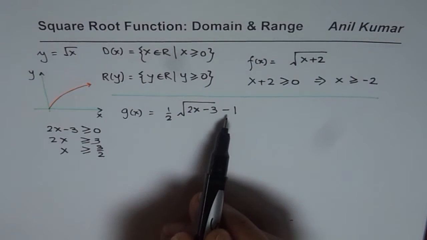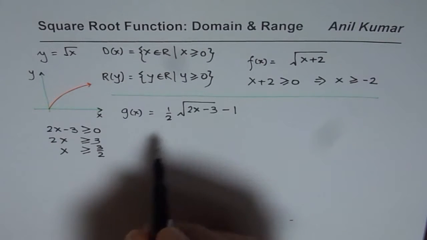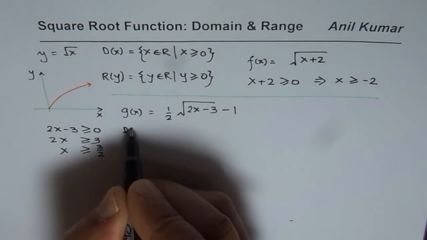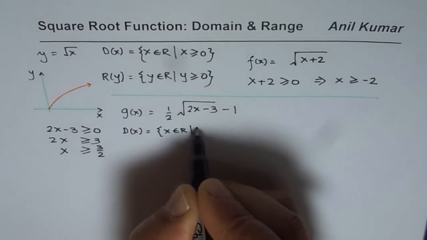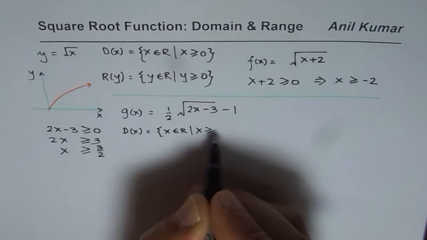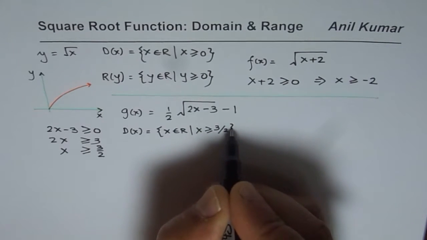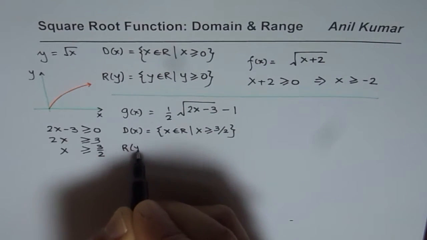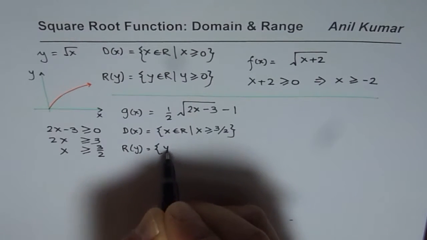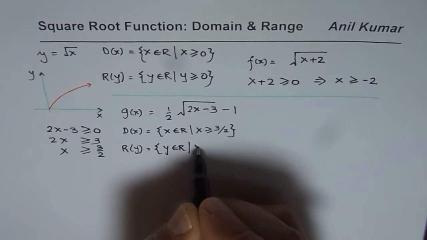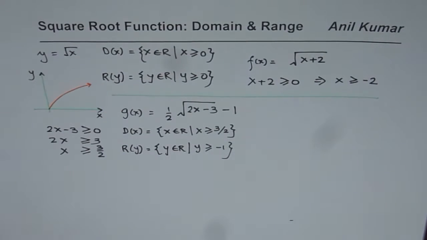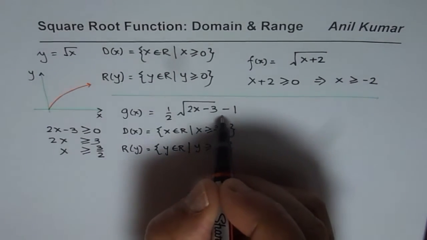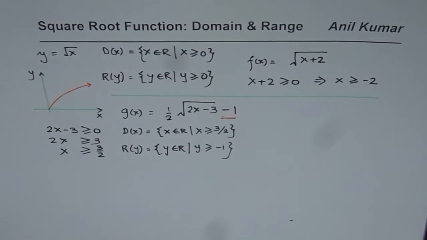So the range has been modified, and now we can write domain and range for the function as domain being x belongs to real numbers where x is greater than or equal to 3 by 2, or you can write 1.5. The range in this particular case will be y belongs to real numbers, but y is greater than or equal to minus 1, right? So it is this value which changes the range, right?